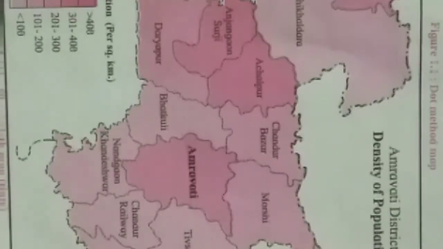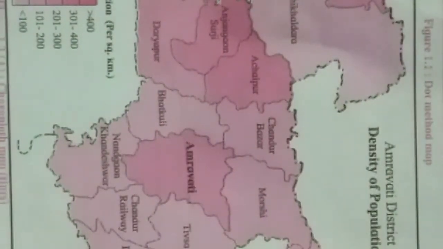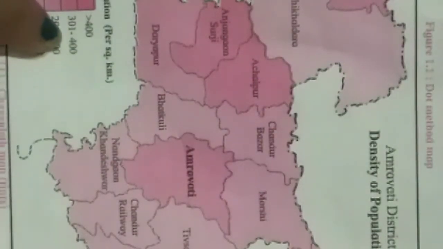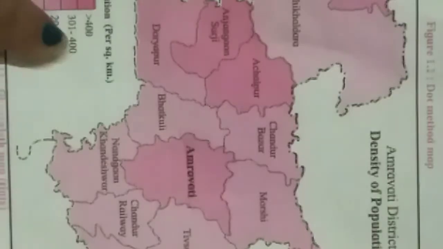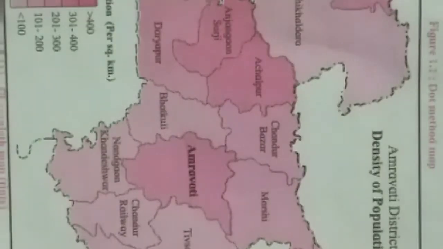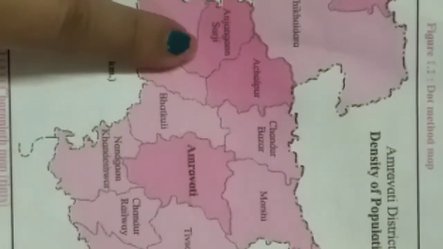Now name the talukas having population density between 301 and 400 persons per square kilometer. So see here, you have to find the color over here, this side, okay? And the answer is Anjangaon Surji, here it is, has population density between 301 and 400 persons per square kilometer.